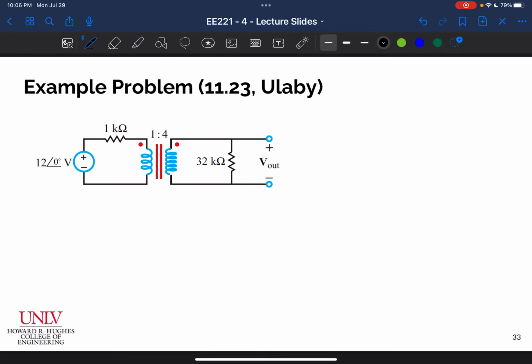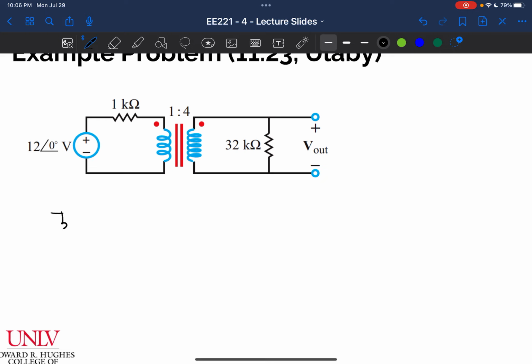And so we know that when I go across a transformer, my voltage, we'll call it V1, if my turns ratio is given as N1 to N2, my voltage V2 is just V1 multiplied by the turns ratio, right?